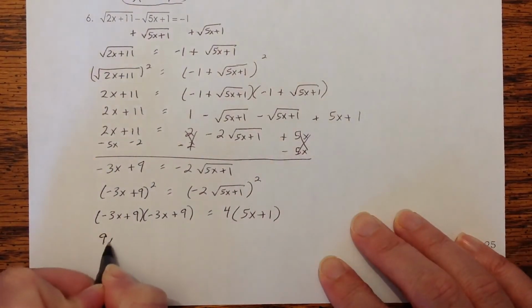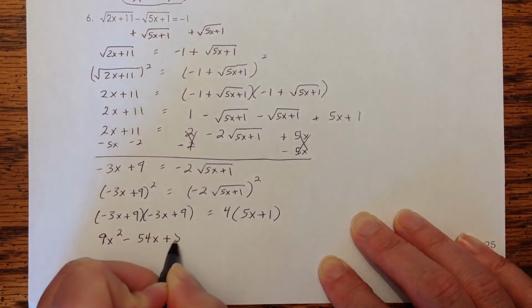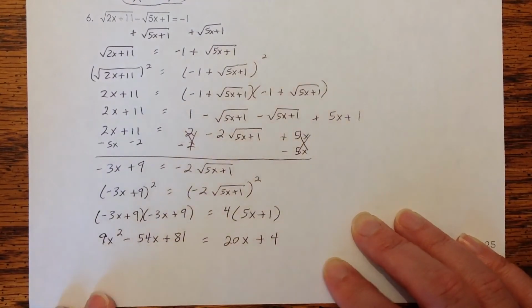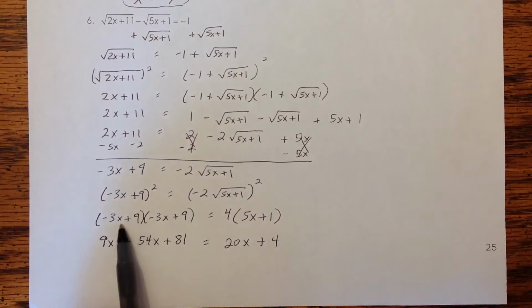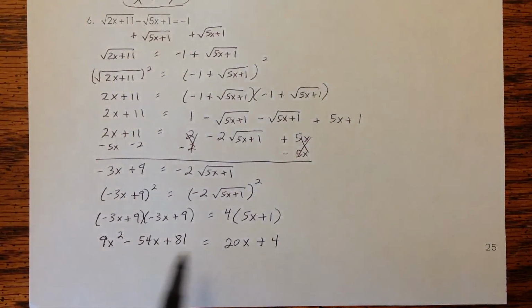So I get 9x squared minus 54x plus 81 equals 20x plus 4. Again, where did the negative 54x come from? Because you have negative 27 and another negative 27. So that adds to negative 54x. Now here you have to recognize that what you have left to solve is a quadratic equation because of your power of 2.